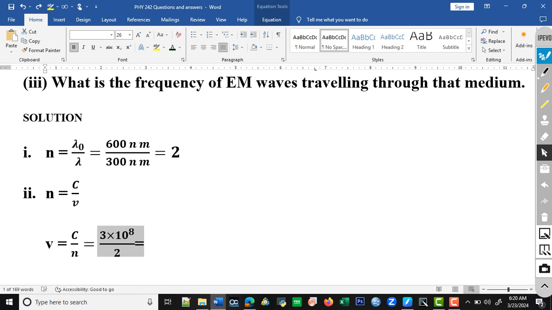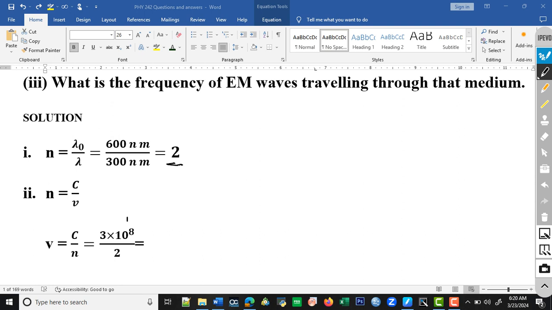We substitute the value for the speed of light and the value for the refractive index. You see the refractive index up here, this is 2. I now substitute the value here, and this is the speed of light up here.